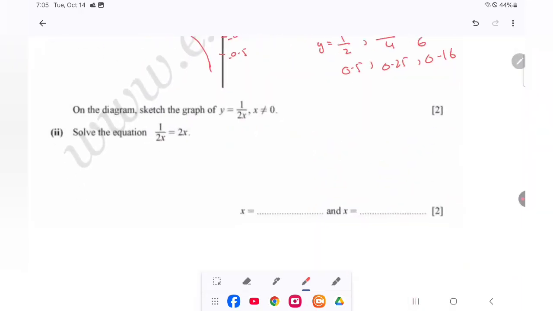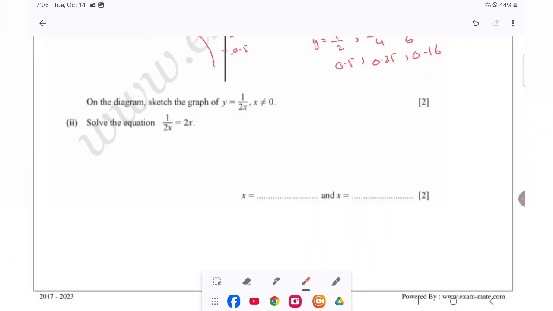On the third question, solve the equation. Multiply both sides by 2x squared, sorry, 2x, so this will become 1 equals 2 into 2 is 4, and x into x is x squared.